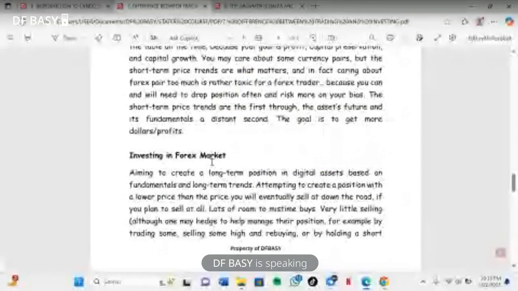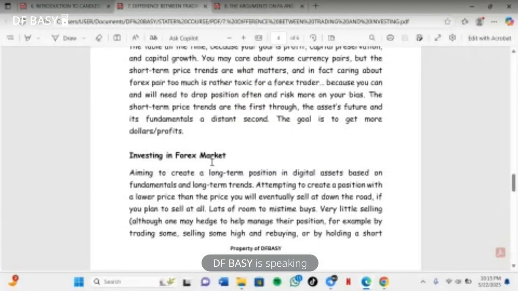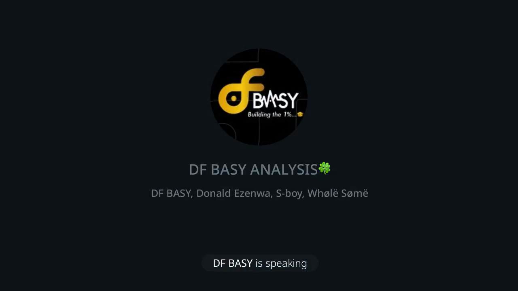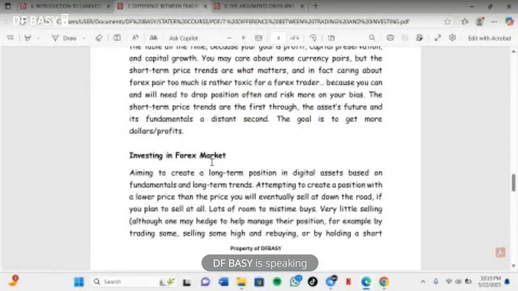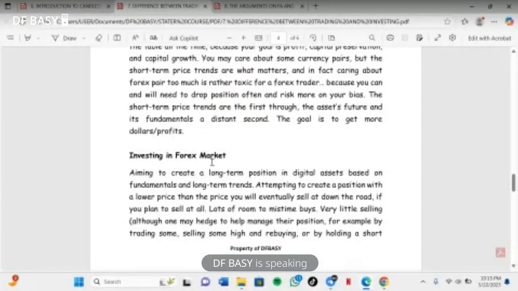That's why they consider hedge funds as mostly investments. They take millions of dollars of capital from clients to trade for them. So as an investor, you're taking long-term positions on digital assets or currency pairs. Mostly people investing in Forex tend to take long-term positions like swing positions. They can take a trade and swing it. So it's mostly like investing, like you're growing your capital.